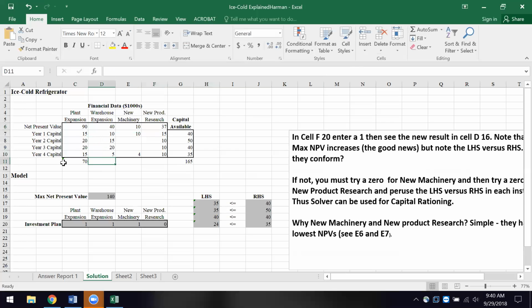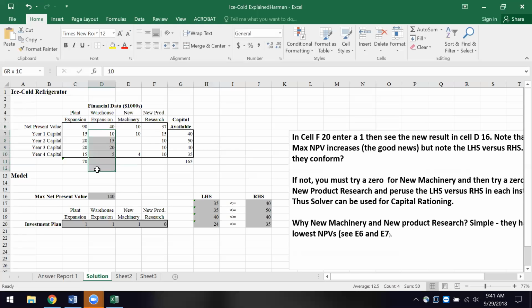So right now, if I spend $70,000 over the next 4 years to expand the plant, I'm going to get a bump of $20,000 in today's money. And that's why you can see that I'm going to spend the $70,000, but I'll get an NPV of 90.